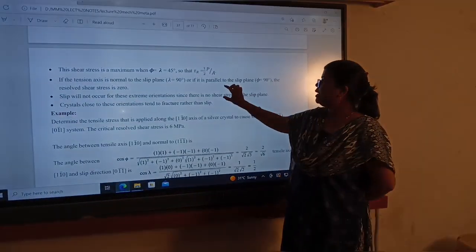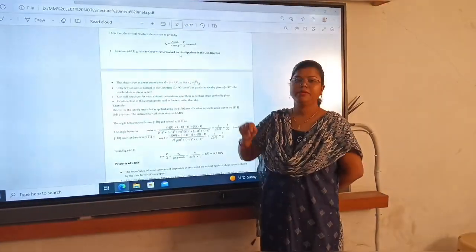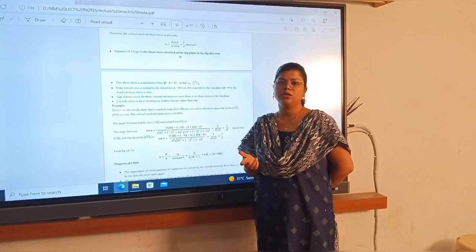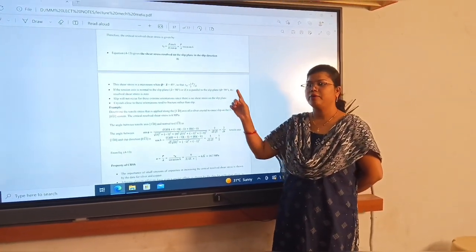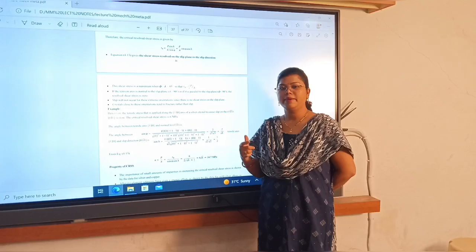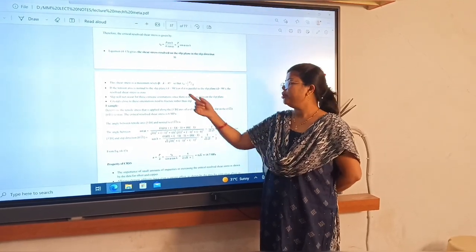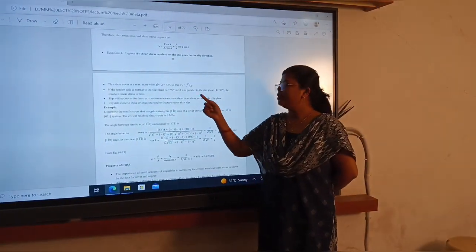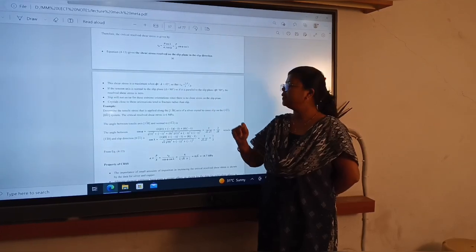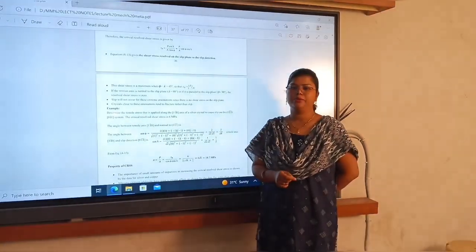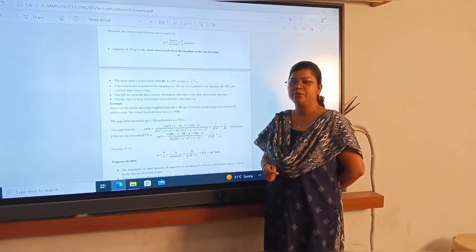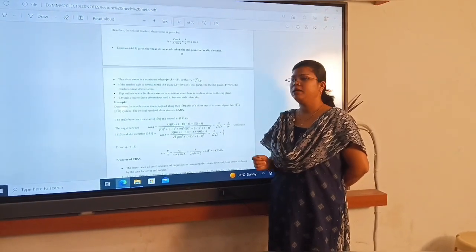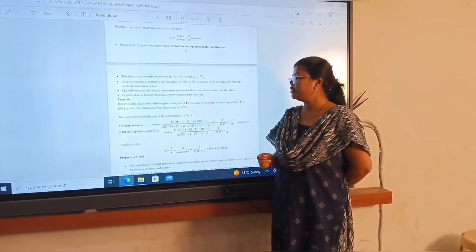If in any case one of the angles, either phi or lambda, is 90 degrees, then cos 90 degrees is 0. So ultimately the CRSS value tau r will be 0, and that is the minimum value. The maximum is tau r equal to 1 by 2 P by A, and the minimum is 0.